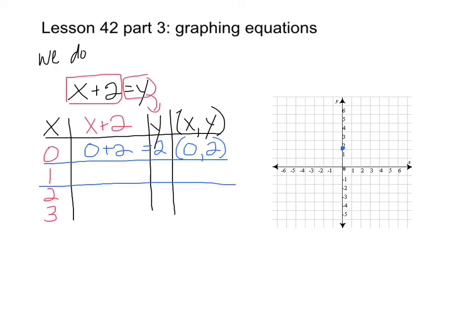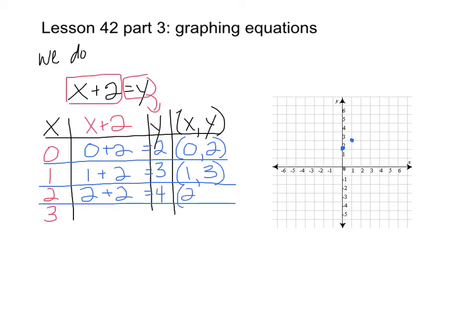Next possibility. If x is 1, then I have 1 plus 2 equals 3. So whenever x is 1 for this equation, y is going to be 3. We take our coordinates over to our number line: the 1 on the x is there, 3 on the y is here. So we mark it there. Next row, if x is 2, then y is going to be 2 plus 2, which is 4.